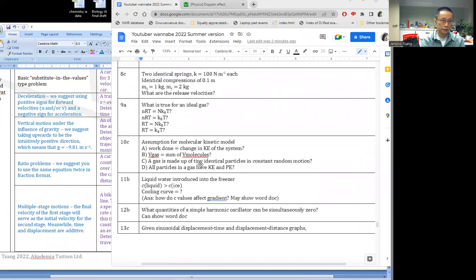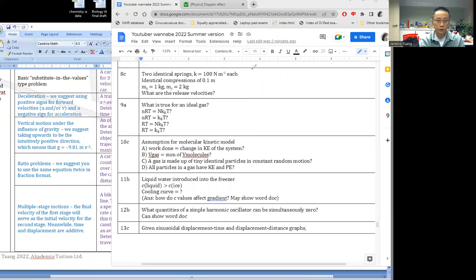So let's move on. Question 8. Two identical springs with spring constant given, and they give you identical compressions. They give you both masses, so it's kind of a weird question because they just give you a lot of information. But at the same time, you can just use the same equation twice to calculate the release velocities.